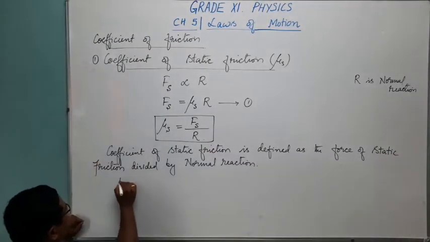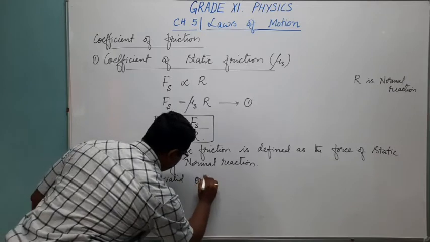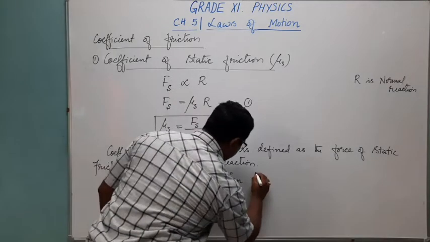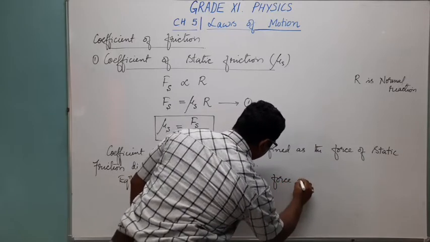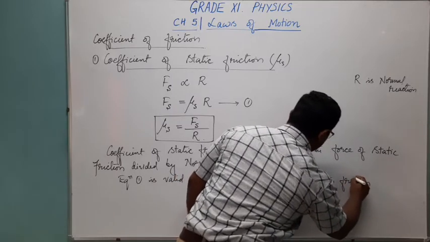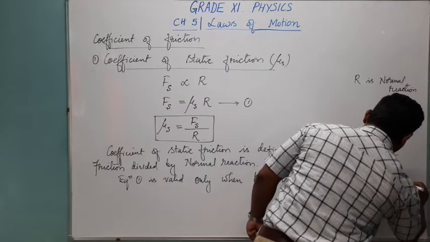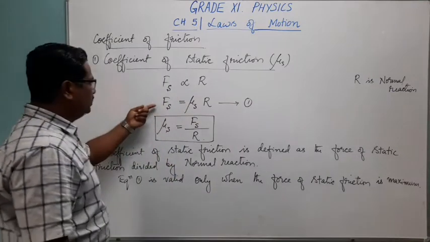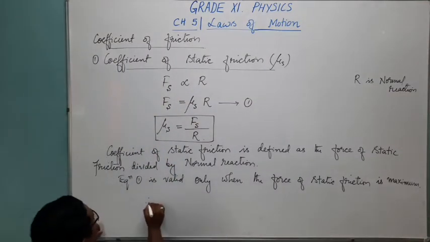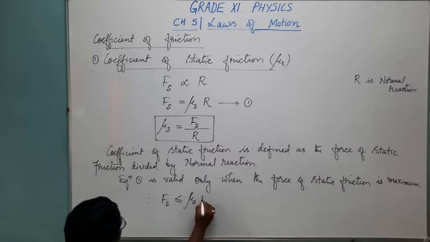Otherwise, the general equation we use is this: if it is not the limiting friction, then the force of static friction will always be less than or equal to the coefficient of static friction times the normal reaction, F ≤ mu s R. This is the general formula you will be using.